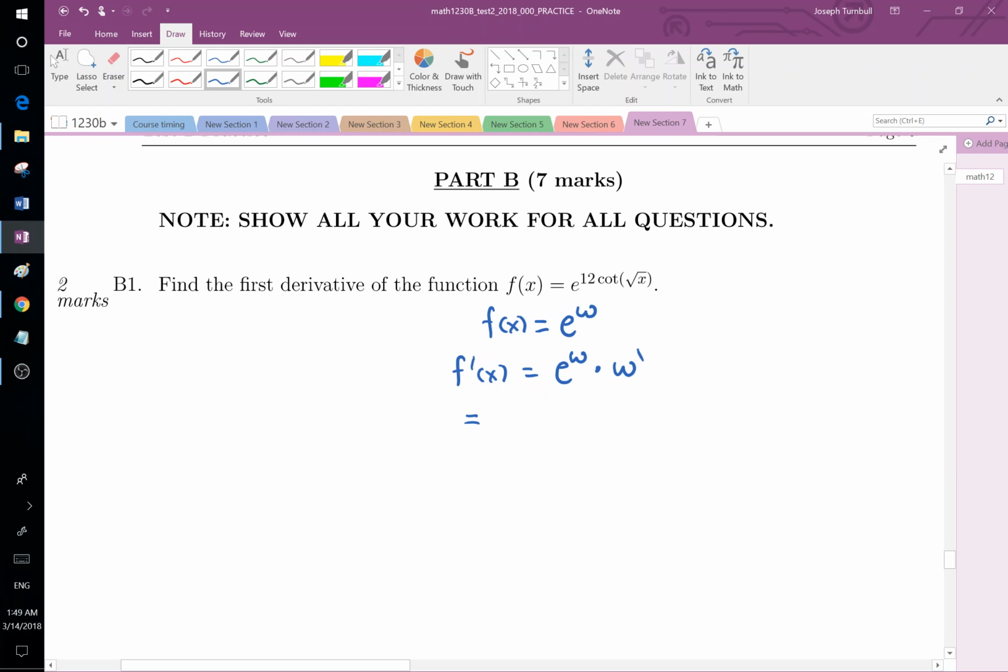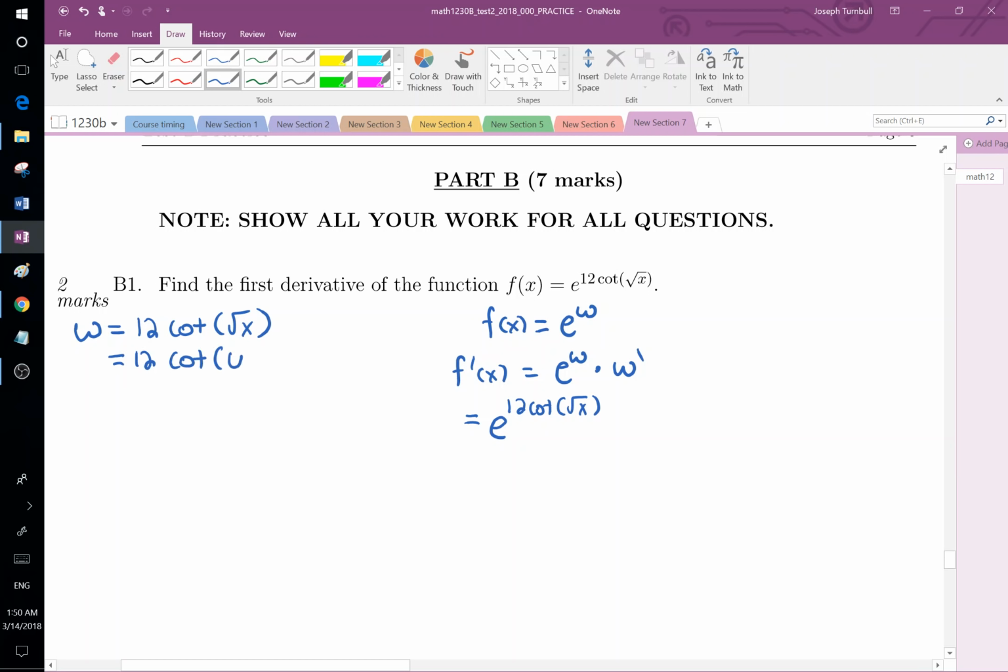And that's e to the 12 times the cotan of the root of x multiplied by something that could be a lot of work to do. I'm going to do that calculation off to the side. w equals 12 times the cotan of the square root of x. That itself is an involved derivative.